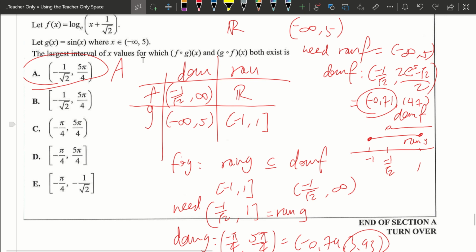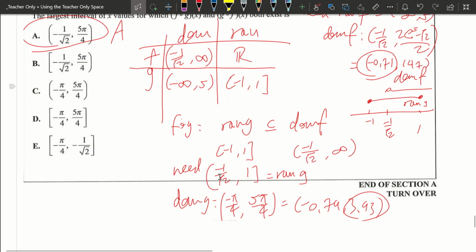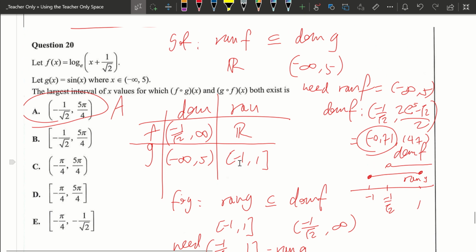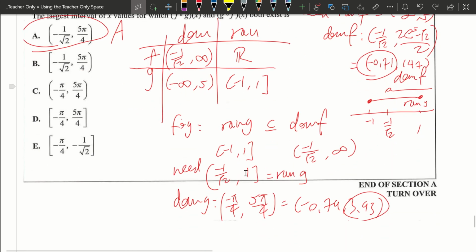And if you graph this, you're going to have infinitely many options because the sine graph goes on forever, up and down, up and down. So if you graph y equals to 1 and y equals to negative 1 over root 2, you should get infinitely many intervals of x that satisfy this.